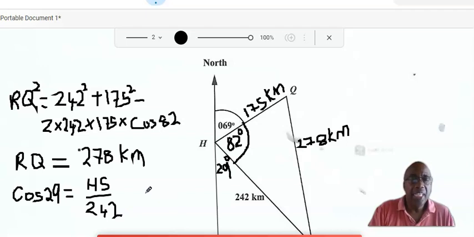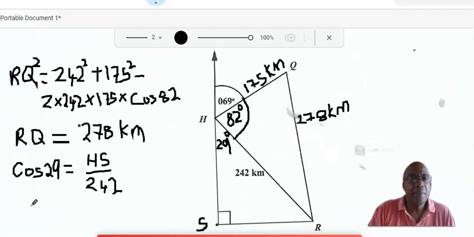And therefore, to find HS, we simply multiply both sides by 242. So we are going to get HS equals 242 multiplied by cos 29.